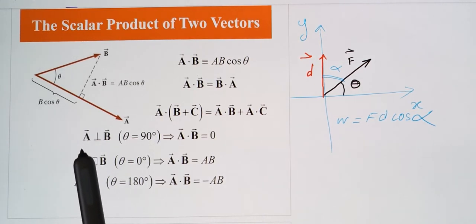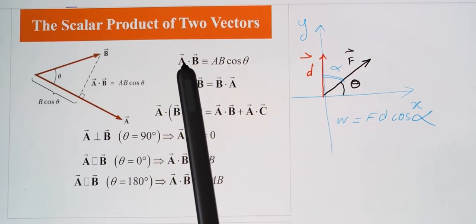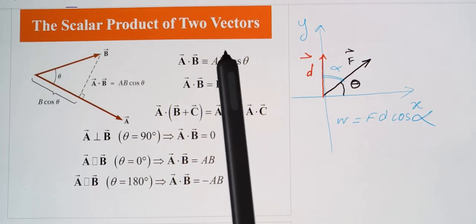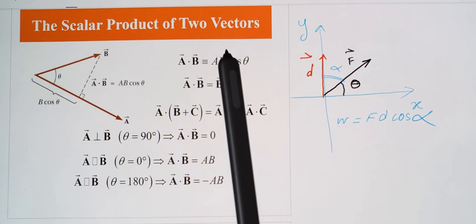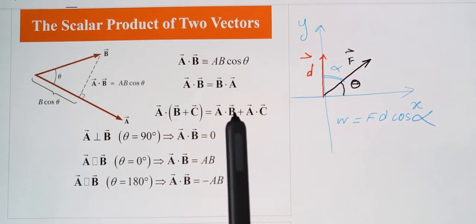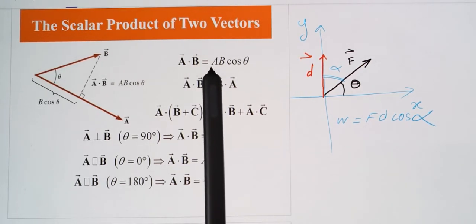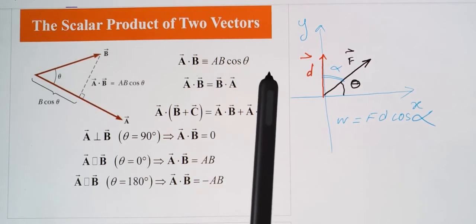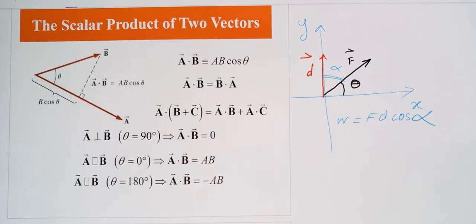When we have two vectors and we dot product them, the answer will be just a number, a scalar, not a vector, and the magnitude of that scalar is the magnitude of A multiplied by the magnitude of B and then cosine theta. And theta is the angle between A and B.